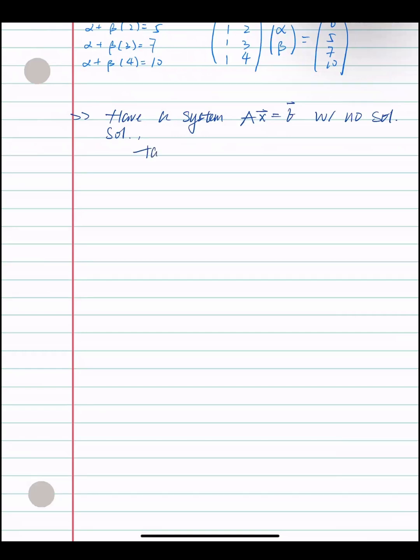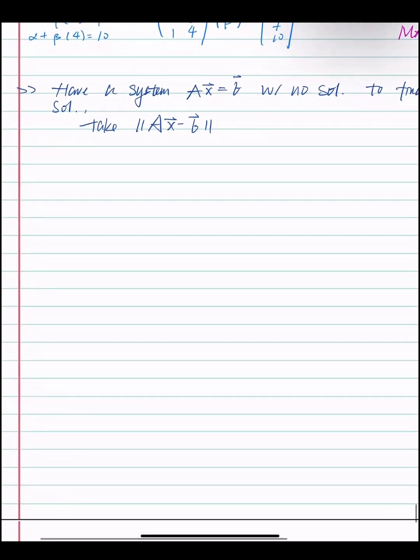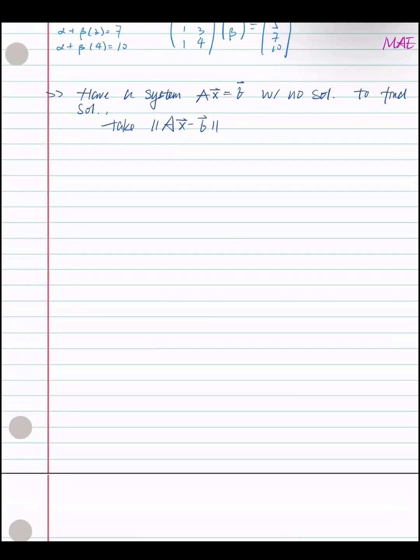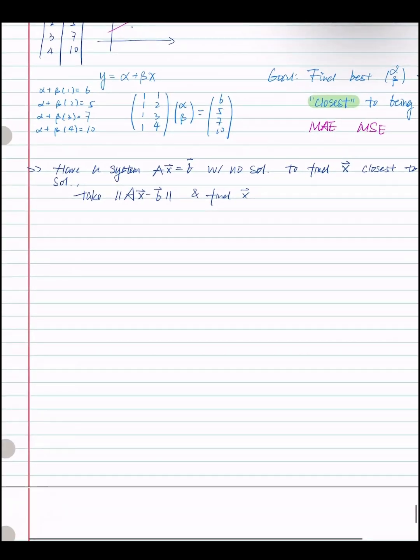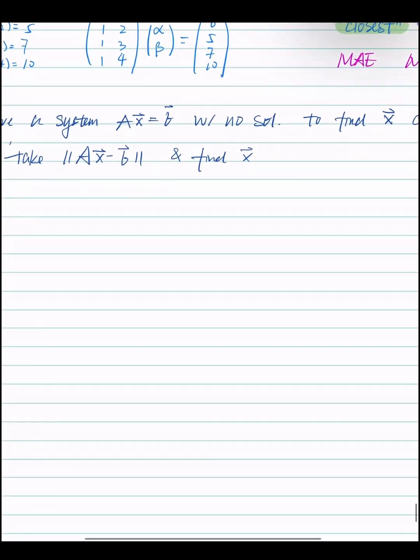The norm of Ax minus b, and find an x that minimizes the norm. Because if we subtract b on both sides, then what we want is Ax minus b equals the zero vector. So if we minimize Ax minus b, we would find an x that makes the expression closest to the zero vector.